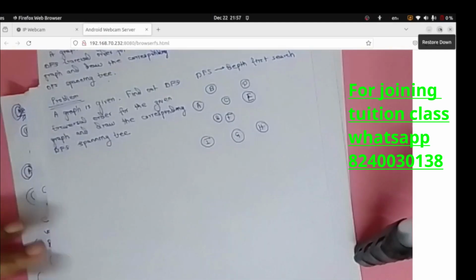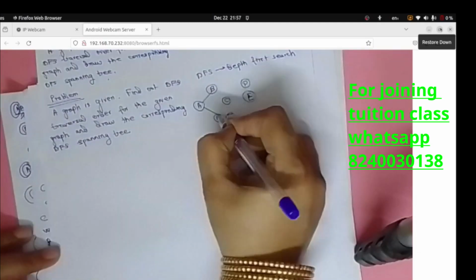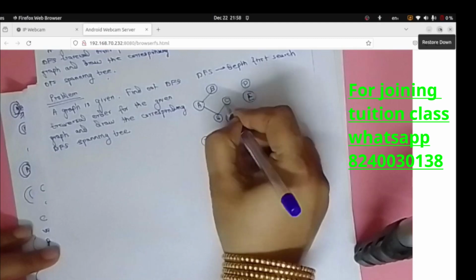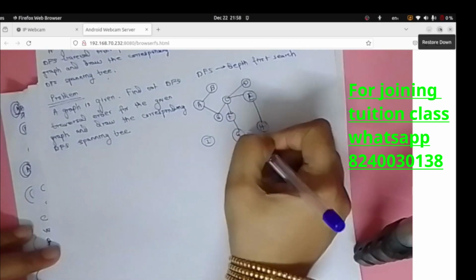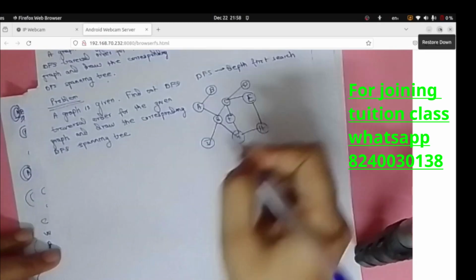The graph is like this. There is a path from A to B and B to S. I'm drawing the graph by connecting the vertices according to its edges. And this is the graph.